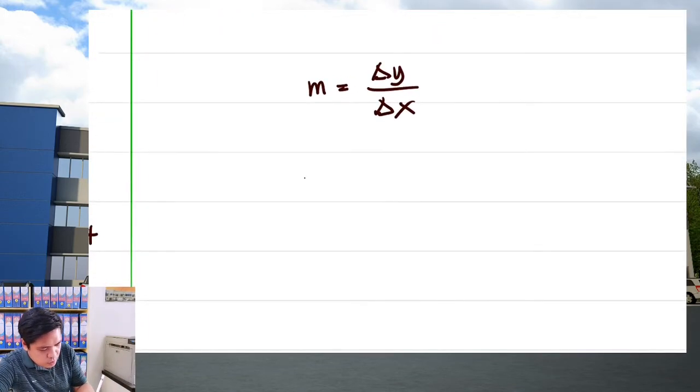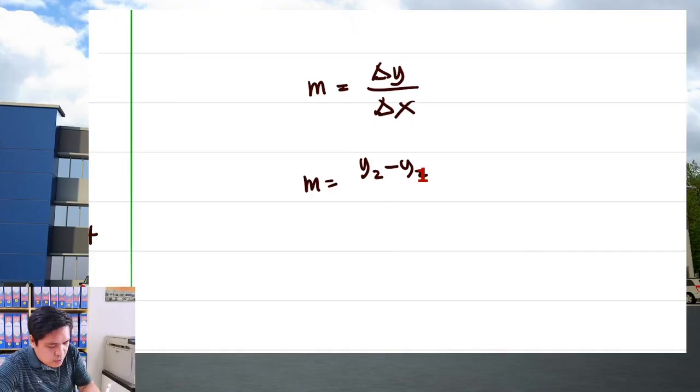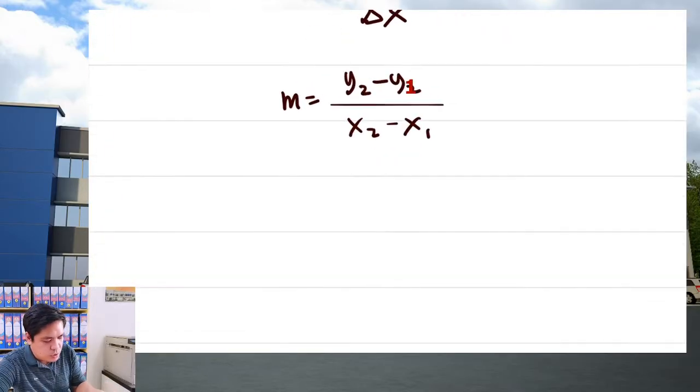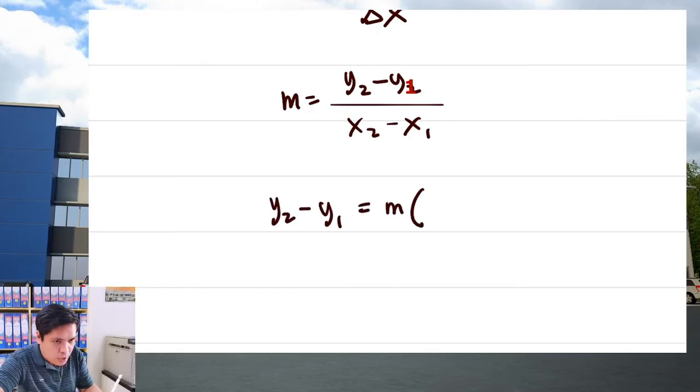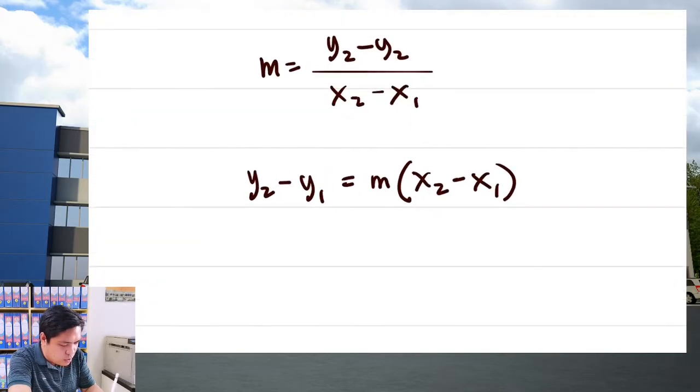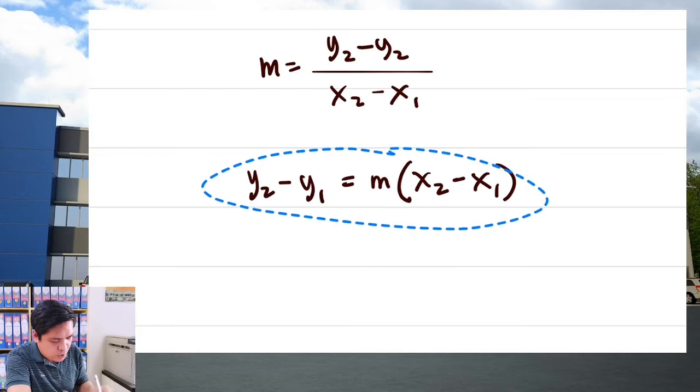Now, if we write delta y as y2 minus y1 and delta x as x2 minus x1, so therefore we could have this equation: y2 minus y1 is equal to the slope times x2 minus x1. So this is one equation of a straight line if m is constant.